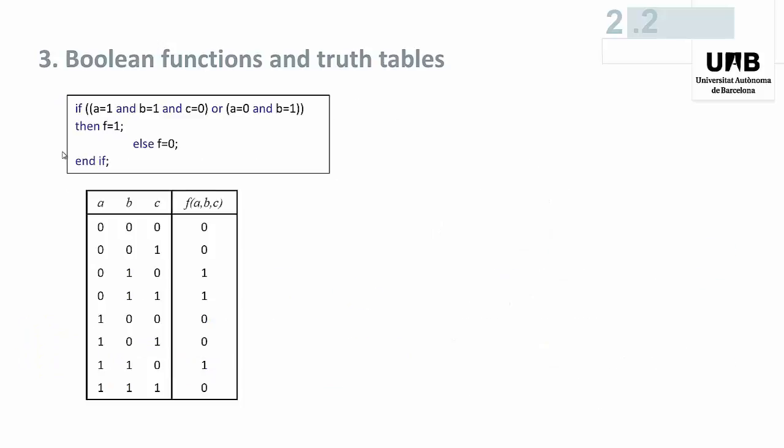To summarize, assume that we have specified a combinational circuit by means of some functional description. For example, this very simple piece of program. This description can be translated to a table by considering all the value combinations of A, B, and C, and executing for each of those combinations this piece of algorithm.